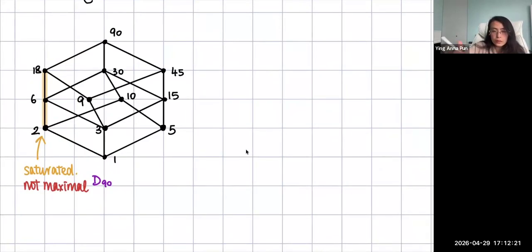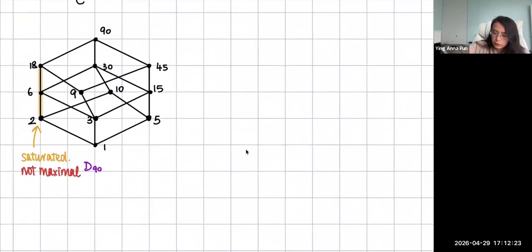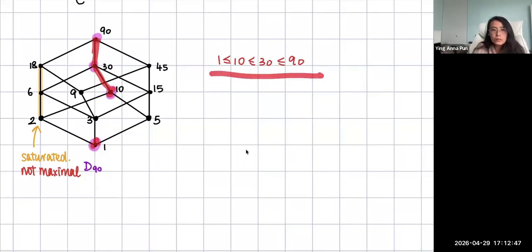Now, what is a chain that is not saturated? Let's see. If I have 1, 10, 30, and 90, this is a chain, right? Even though you don't have a direct way to go there, any two of these numbers are comparable. Just pick any two numbers, you can compare them.